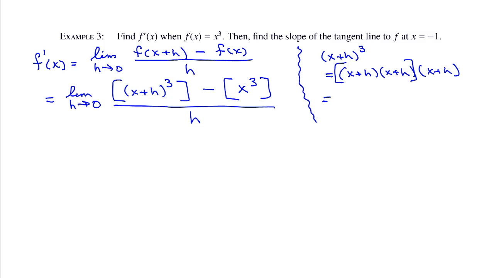So what is x plus h times x plus h? That's x squared plus xh plus h times x is hx, and then h times h is h squared.